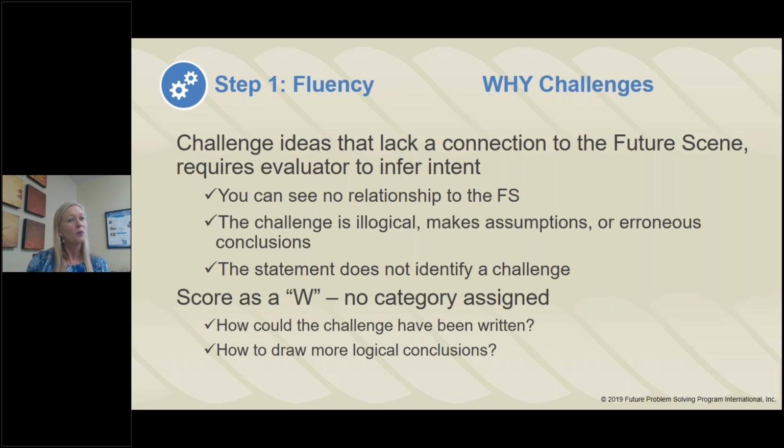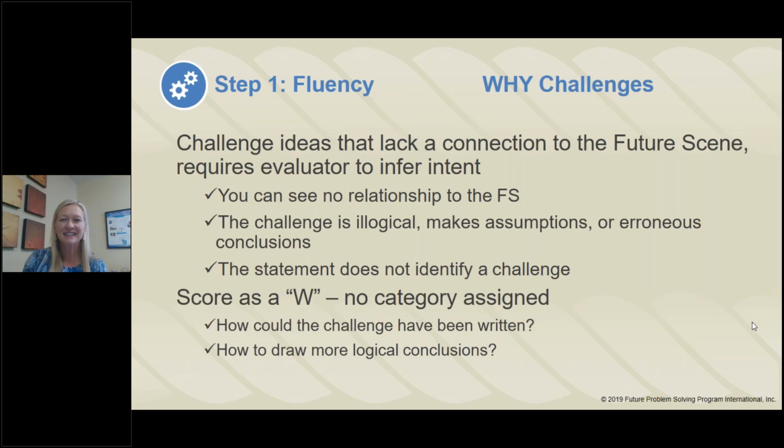Okay, well, why is that a problem? So you would say, animals are becoming extinct, causing gaps in the food chain. Okay, now that's taken a piece of information from the future scene and we've connected it to make it a challenge. Okay, that makes more sense.